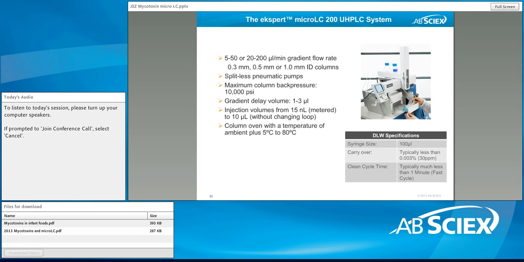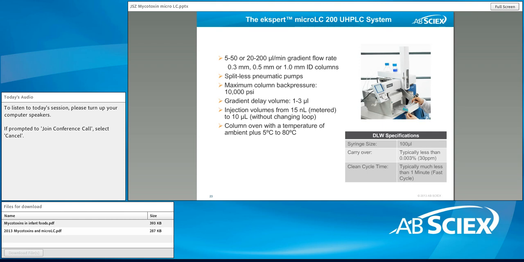This one gives us the possibility to run flow rates of 5 to 50 microliter per minute or 20 to 200 microliter per minute, depending on the column you select, with a different ID. And for this microLC system, the pump does not use any split. That means in this case you can save a lot of, for example, buffer.